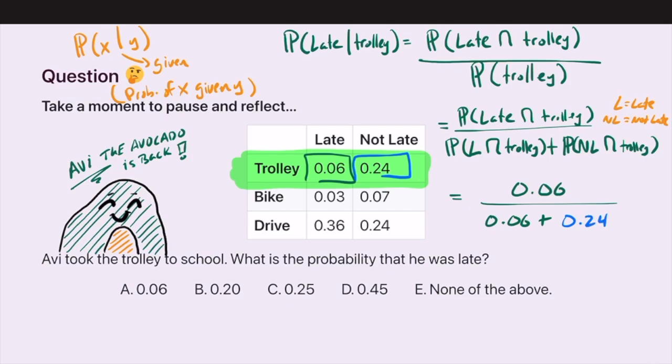So this is just equal to 6 over 30, which is equal to 1 over 5, which is equal to 0.2.